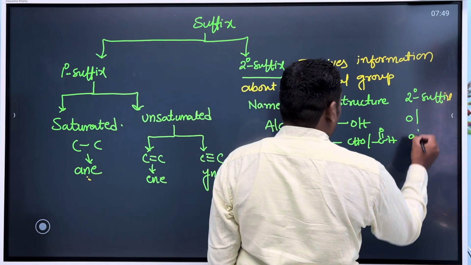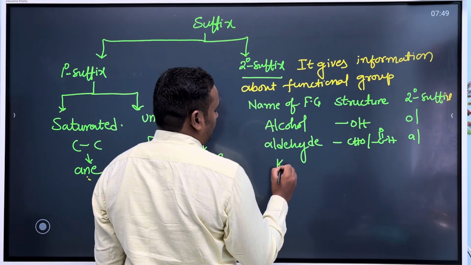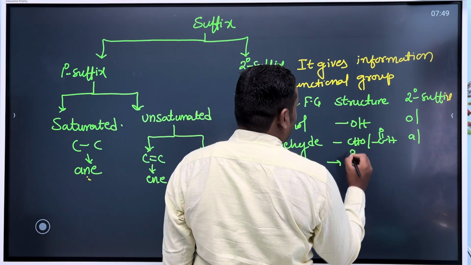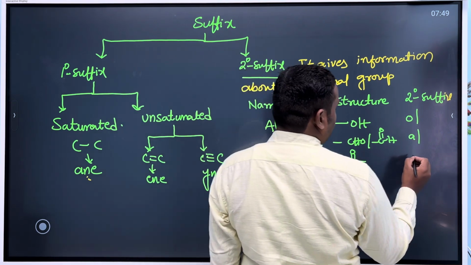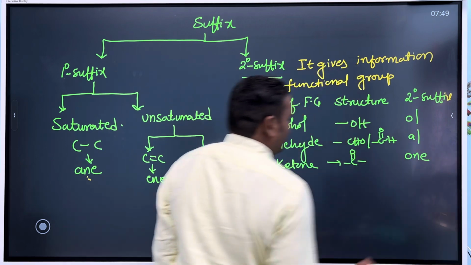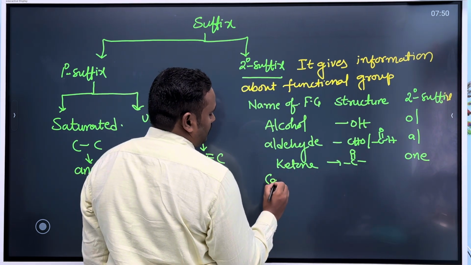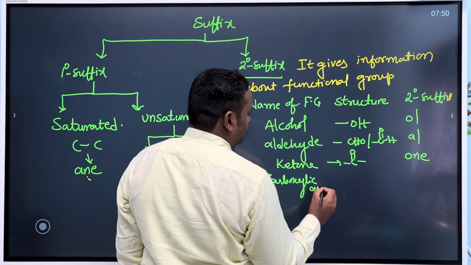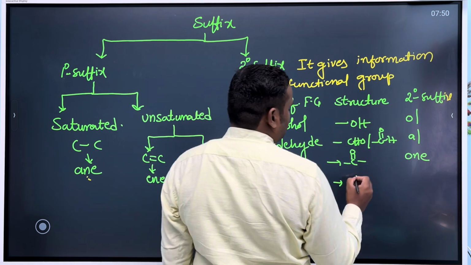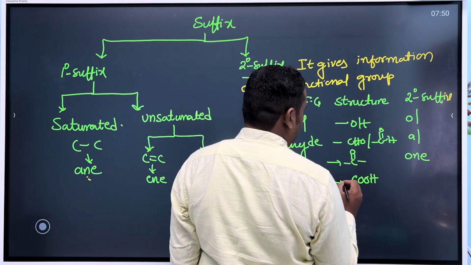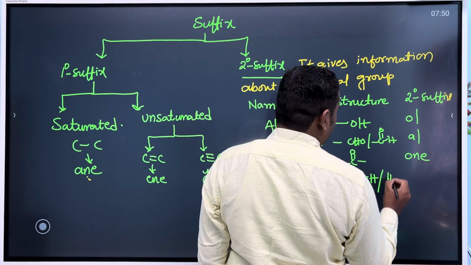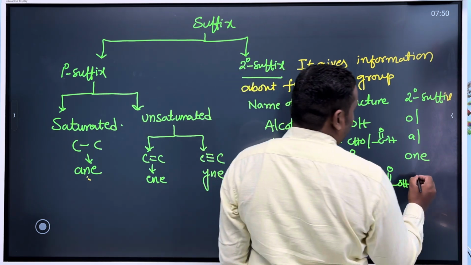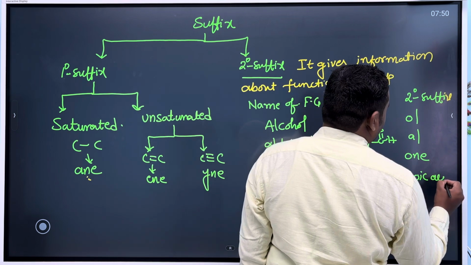Secondary suffix is al. Next, ketone: C double bond O. So here we use one. Carboxylic acid: COOH or C double bond OH. Okay, don't get confused. Here we use oic acid.